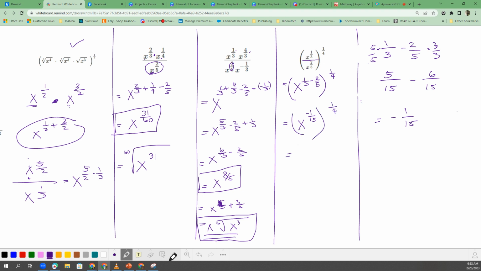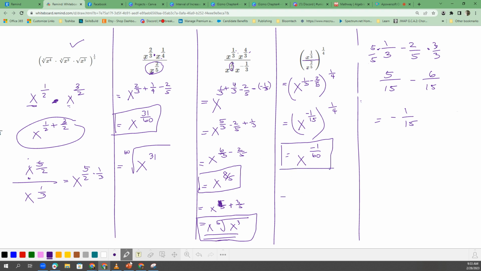Now, since you're raising an exponential to another exponent, you can multiply the exponents. So this becomes x to the power of negative 1 over 60. This in itself is an answer, but sometimes they don't want you to have a negative exponent.